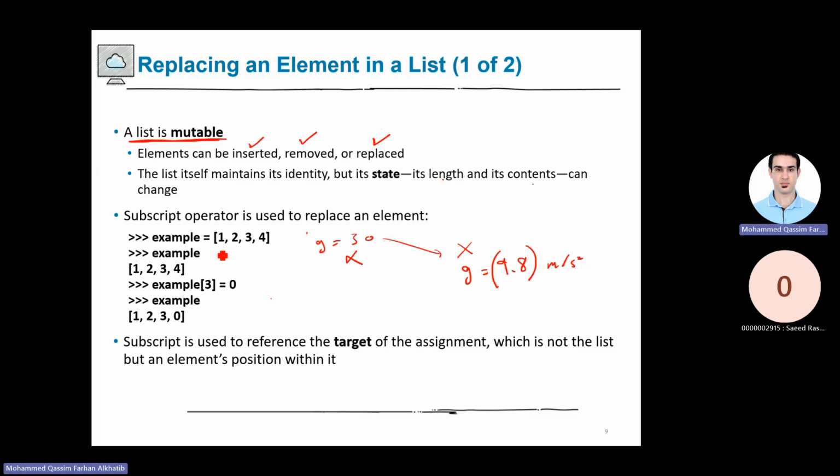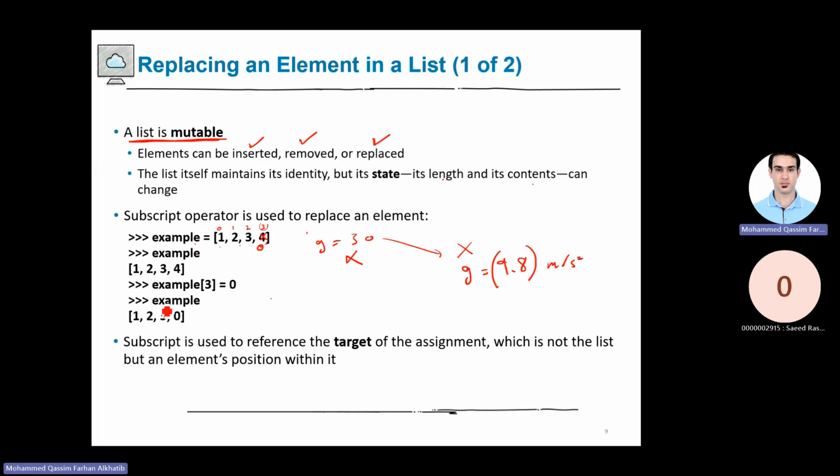So here's an example. You have a list called example with values 1, 2, 3, 4. This is index 0, index 1, index 2, index 3. And when you print example, this will be displayed. Example of 3 equals 0. So you go to this list, you look for index 3, you replace 4 by 0.